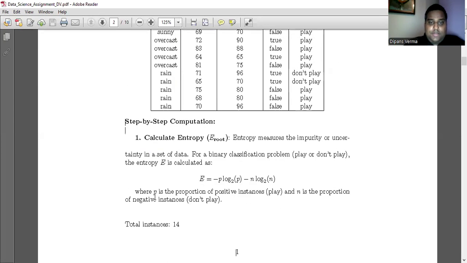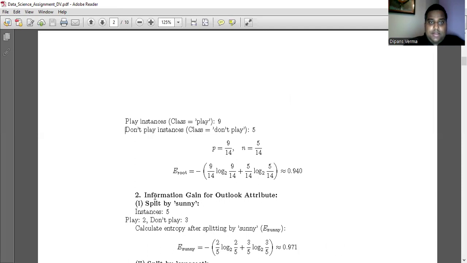If I go ahead, I can clearly see that the total instances are 14, and play instances are 9. Again, we can count it from the class. Don't play instances are 5. You can clearly count it from here.